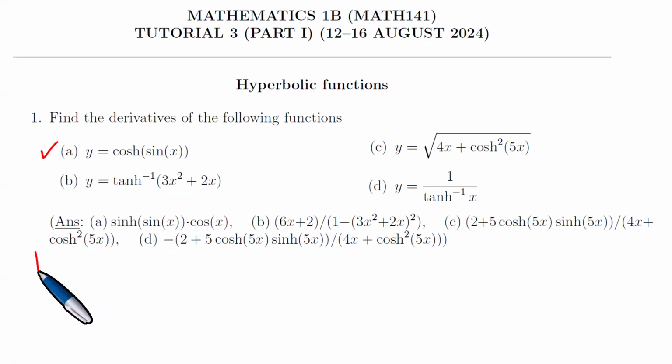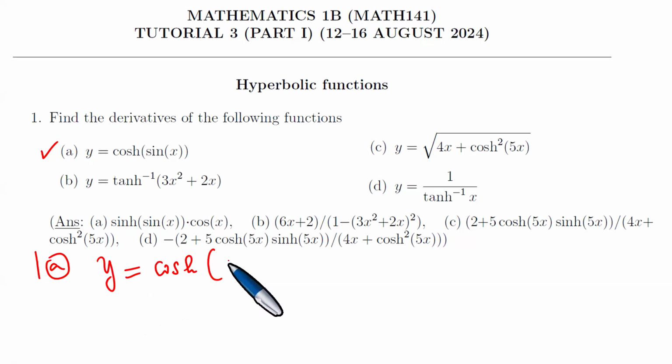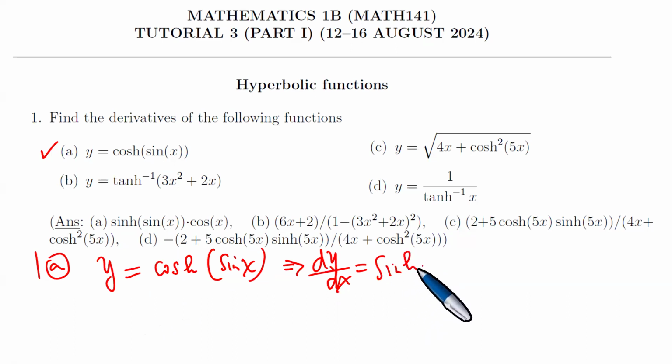I know that we had a hint on this, but I want us to have an open debate about this here. So y equals the cosh of the trigonometric sine of x. We notice that the angle is a trigonometric sine. This means the derivative of the cosh is the hyperbolic sine.